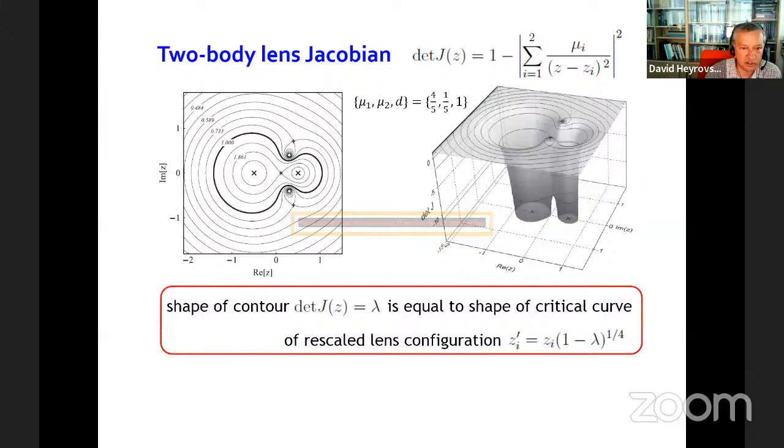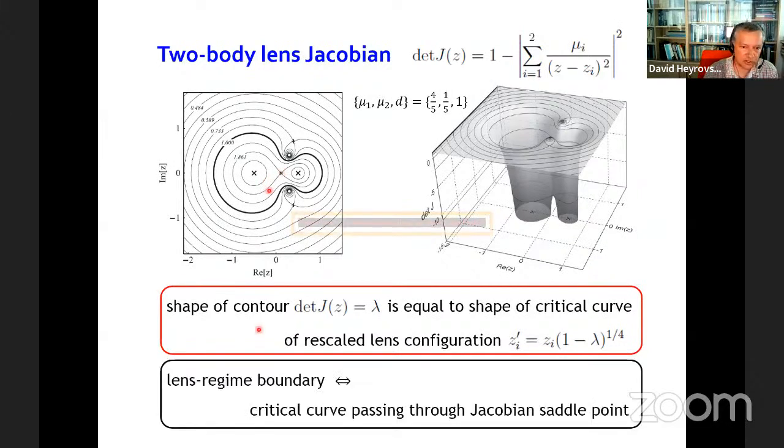And where do these geometries change? Well, that's visible already from here, and that's known for a long time. The contours, the geometry changes when the critical curve passes through a saddle point of the Jacobian. In the 2-point mass lens, there is one saddle point here, one saddle point here, and here. So you can see this is one of the critical combinations, which changes from the wide to the intermediate regime.